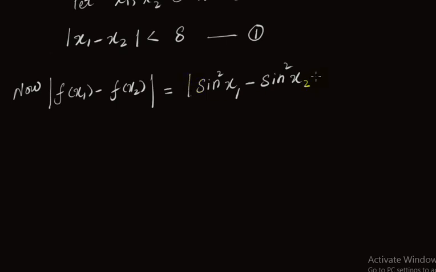Now we can write it as mod of sine x1 minus sine x2 into sine x1 plus sine x2.